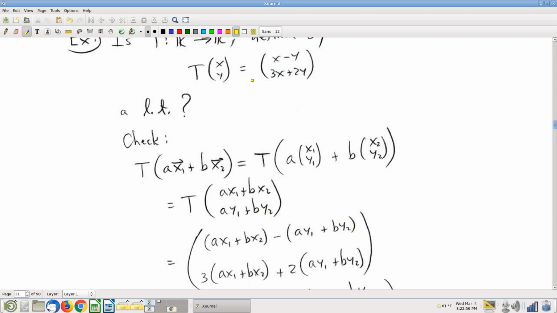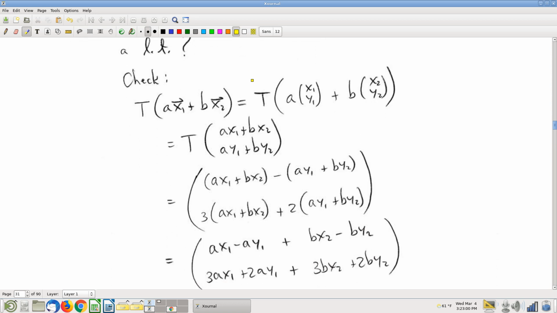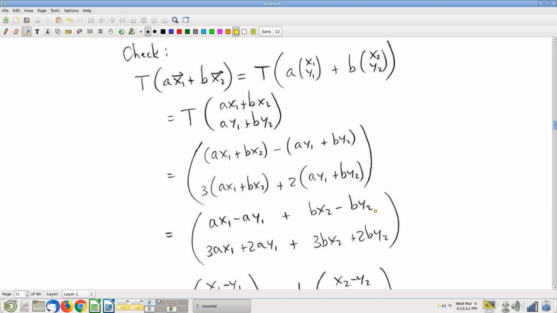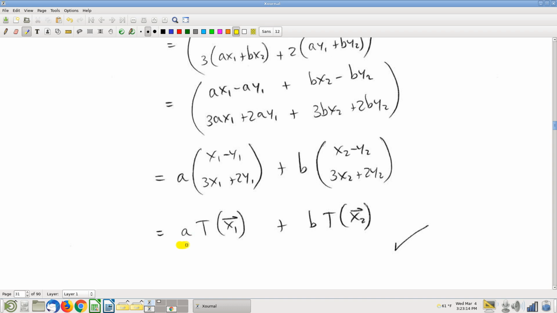Right. And at this point, it's all shuffling. We just need to shuffle terms around. So the first thing I'm going to do is take these terms and shuffle them like this. Now, why would I do that? Well, strategically, I kind of know where this needs to go. I'm going to need to get all the A's and all the X1s over on the left, and all the B's and the X2s over on the right.